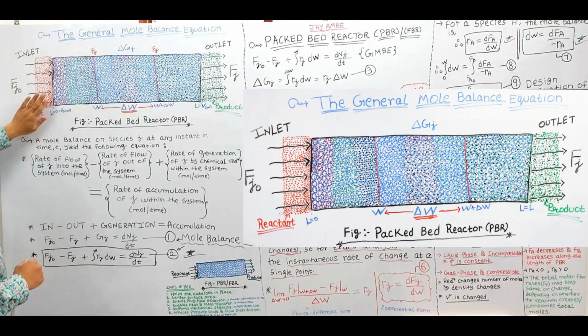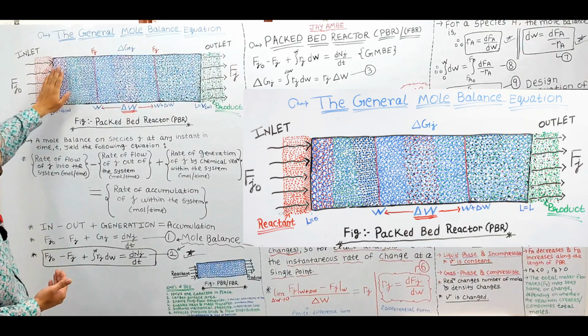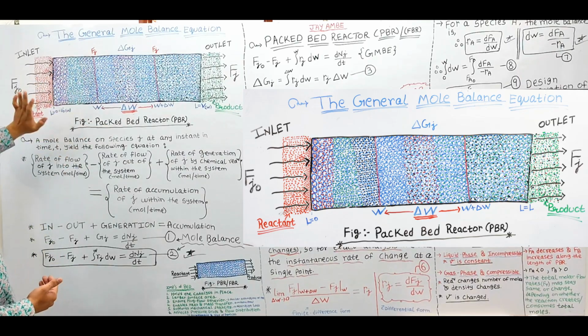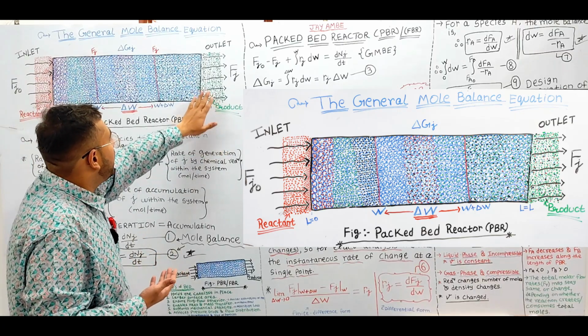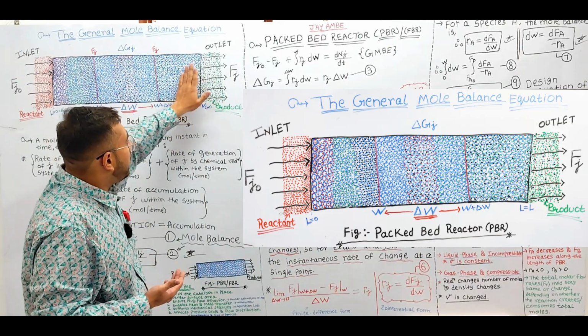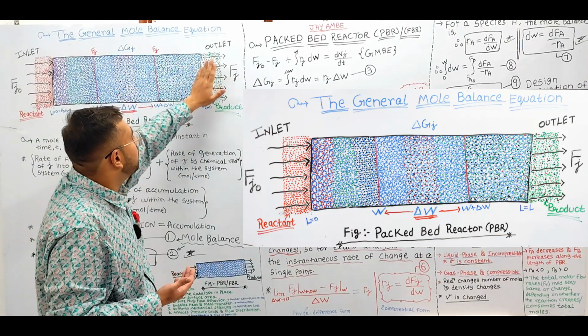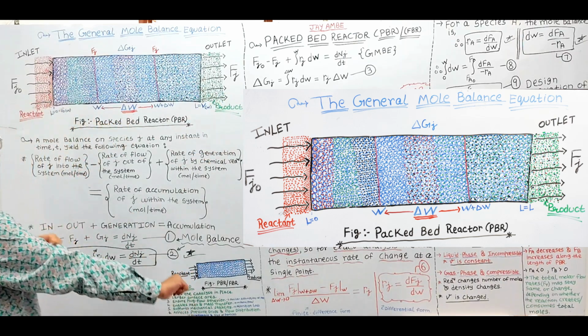Here you can see the inlet portion, from where the reactants enter through the inlet stream into the packed bed reactor. And in this portion we have the exit portion, the outlet stream, from which the product will exit. I hope you understood.